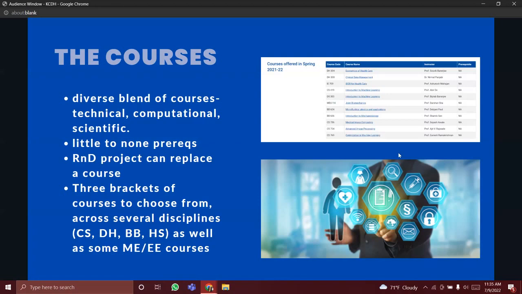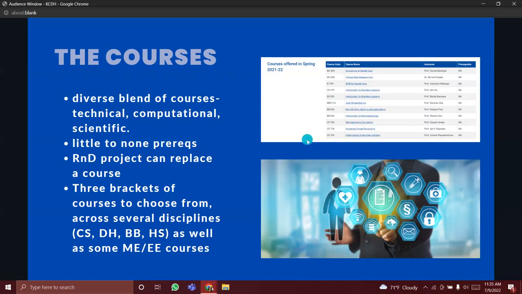As with every minor, you've got to do 30 credits. And what is really unique about KCDH, as well as C-Minds, you could say, is that there's a diverse blend of courses. You could do it across departments, and there isn't a lot of the strict and restricted nature which you could see in the other minors.